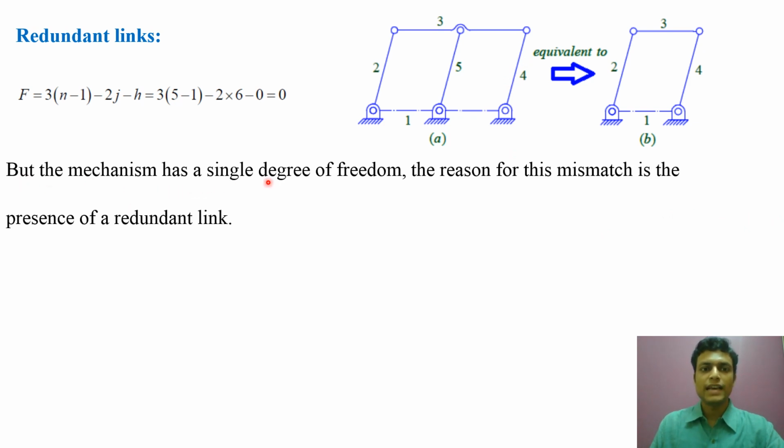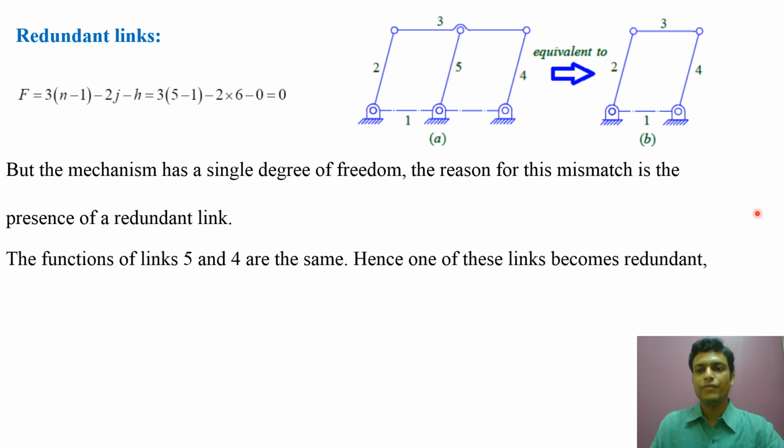The mechanism has a single degree of freedom. The reason for this mismatch is the presence of a redundant link. Which one is redundant? Link 5 or 4 is redundant because they have the same function.